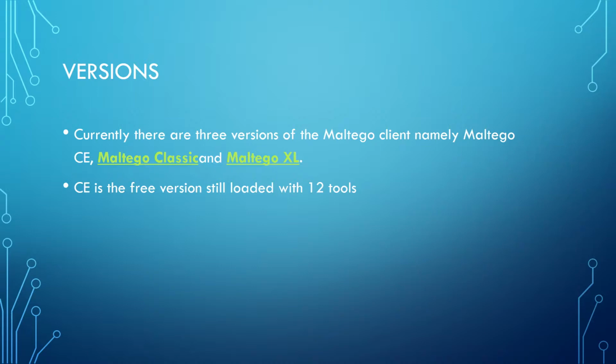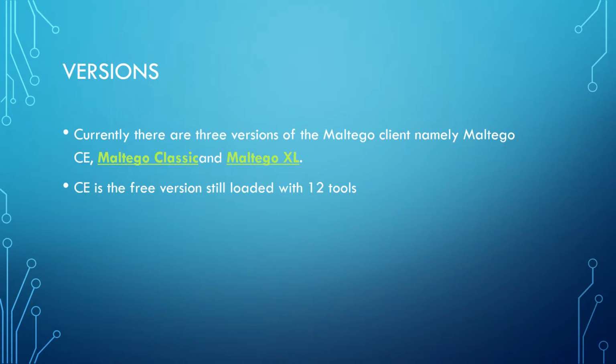We have Maltego CE, the free version with the 12 scans on our PCs now. They do have the classic version and the XL version, and basically what you're going to get with those, they are quite a bit more expensive, and you get a wider range of search options. You get more graphing options.